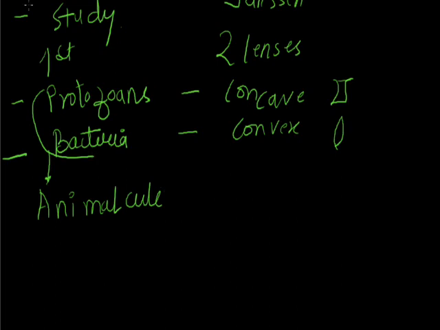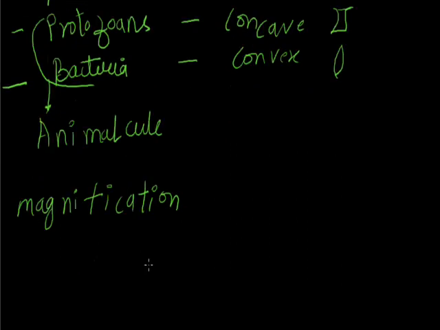And the magnification power: what is magnification? It is to enlarge the object. The magnification power of the simple microscope made by Anthony von Leeuwenhoek was 200 to 300 times. So the object can be enlarged up to 200 to 300 times, so that he could study protozoans and bacteria and name them animalcules.